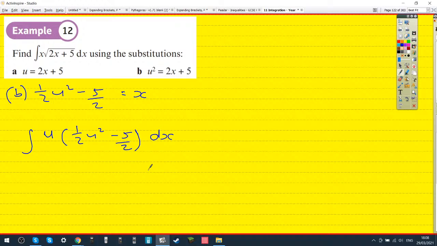dy over dx equals to, well, it's usually du dx. Or I tell you what, let's use this one that we rearranged. Let's do dx du with that.